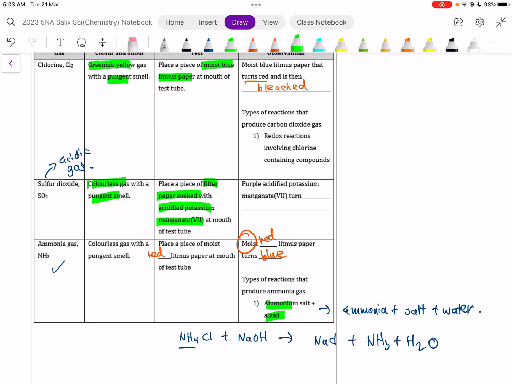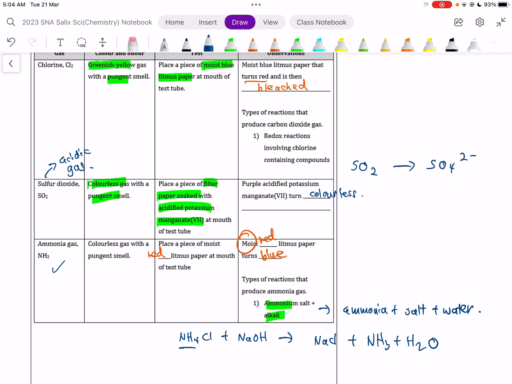It's for redox kind of questions. So basically the purple acidified potassium manganate turns colorless. What happens is it turns the SO2 to SO4 2-.